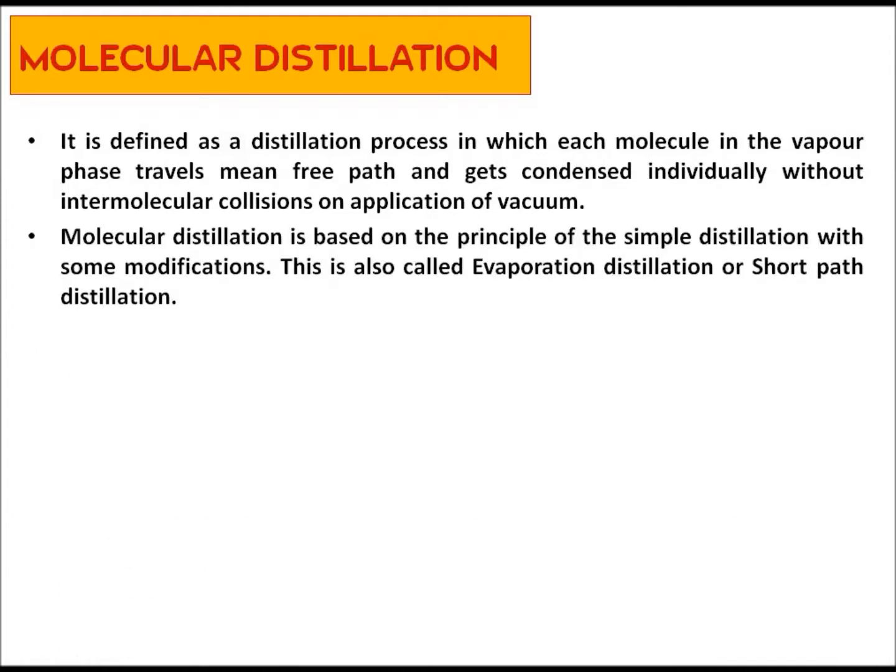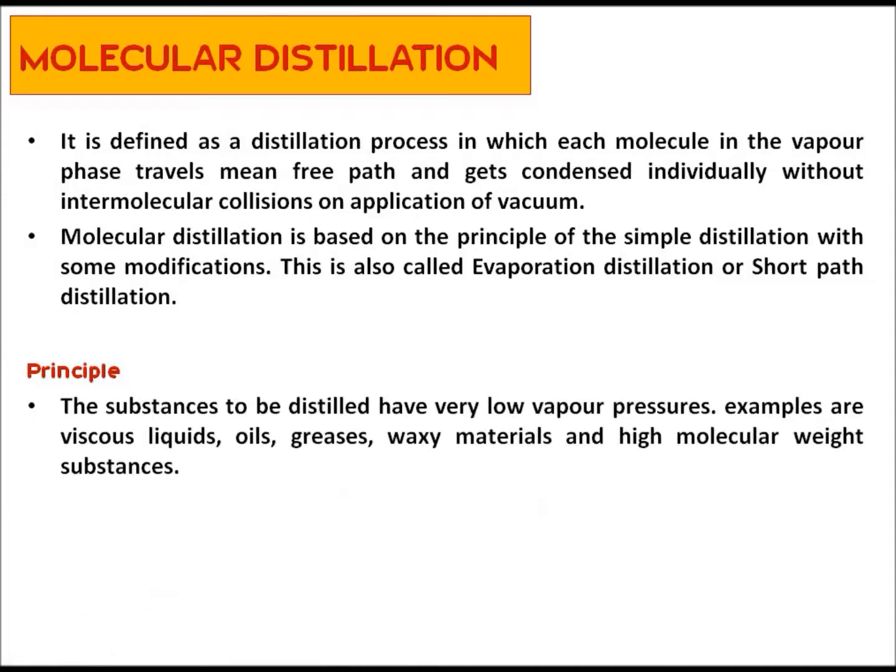So molecular distillation is generally based on the principle of simple distillation with some modification. It is also known as evaporation distillation or short path distillation. Why short path distillation? Because in the earlier equipment we have seen, the vapor traverses a longer path while reaching the receiver. But here, from the area where the vapor is formed to the condenser, the path is very short.